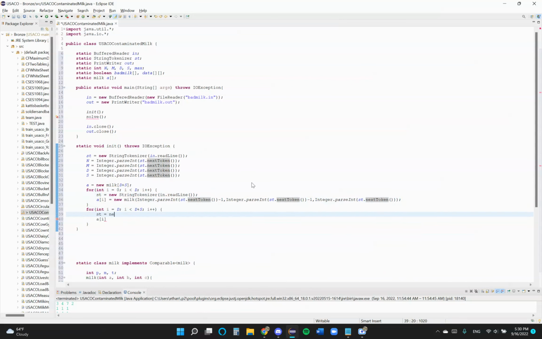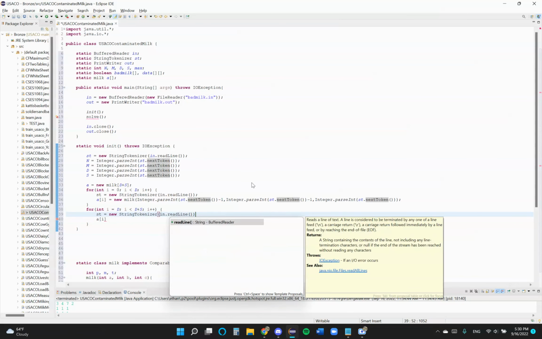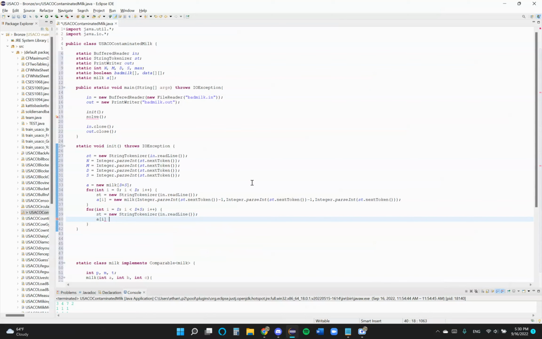S equals, and then a[i] equals new Milk. Same thing, except in the middle we don't have an input value for the number of milk, so we just put -1 to mark that it's someone getting sick.